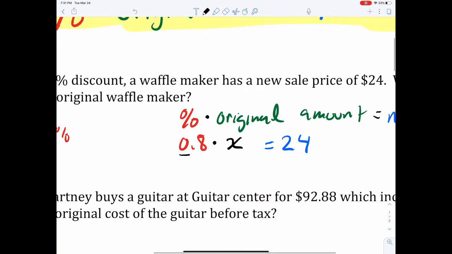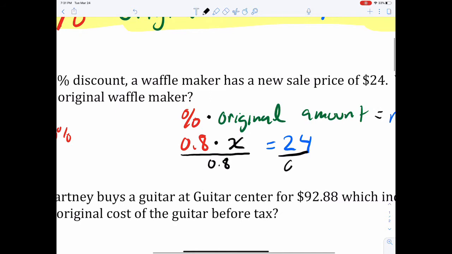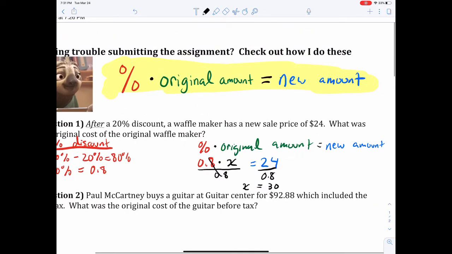To solve this, you're going to do the opposite operation of times, which is divide. If you divide both sides by 0.8, you should get x equals 30. So the original amount was $30.